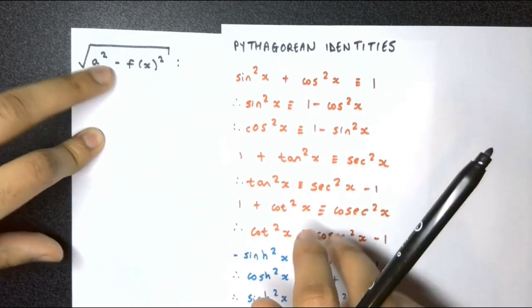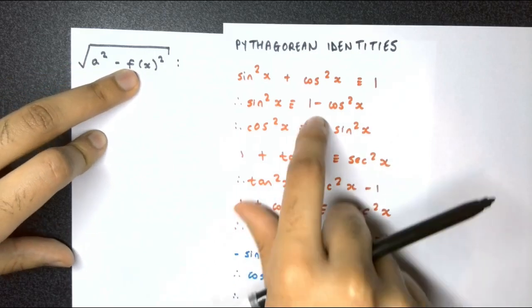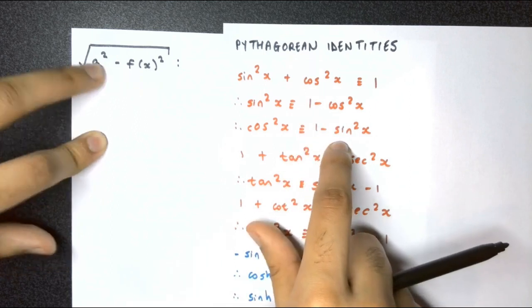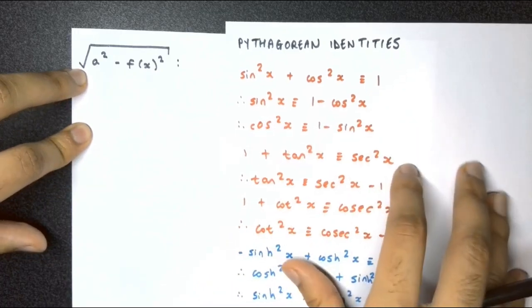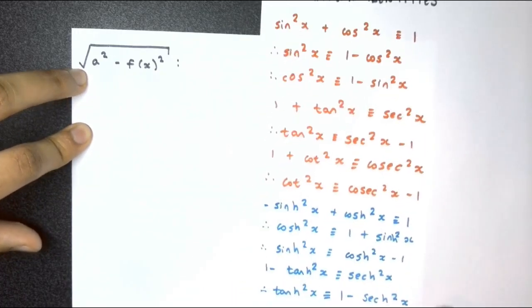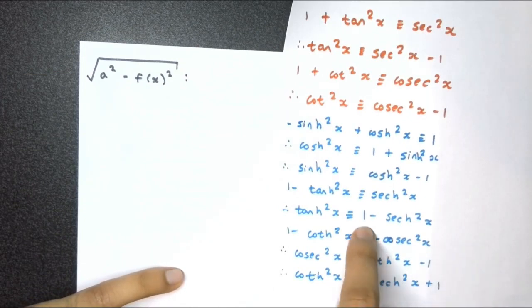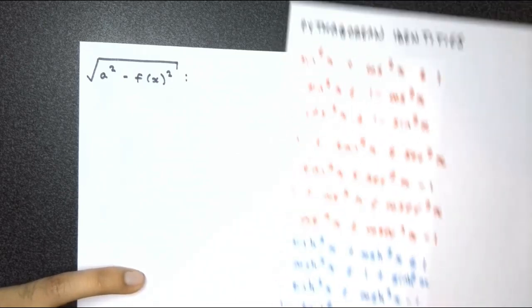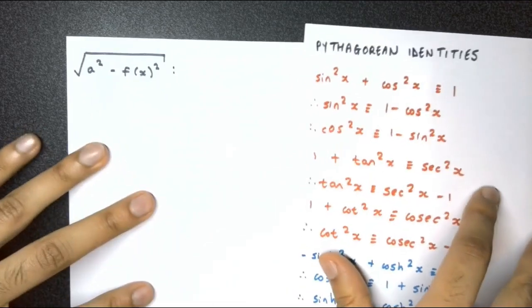So if we have something of the form a squared minus f of x squared, hopefully you can see that matches quite well with this one over here and this one over here. And remember, because we're square rooting, we only consider the sine or cosine. We could consider hyperbolics as well, but there's nothing that we have for a hyperbolic which contains sines and cosines only. So we can't use this one, and we can't use this one. So the only two options we have are using this one or this one over here.